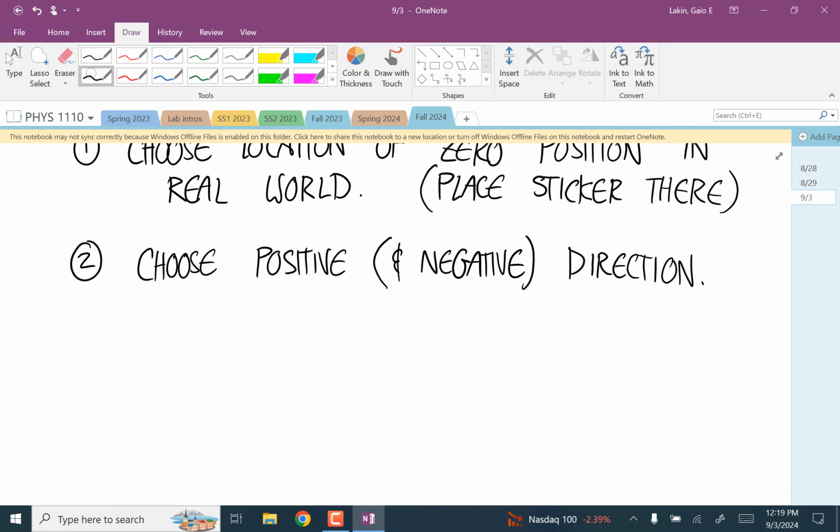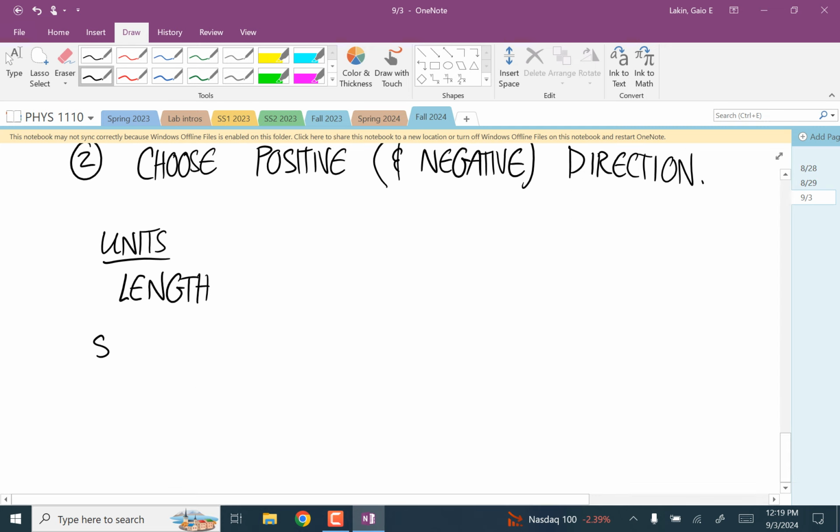The units for position are always units of length. And so the SI units are meters. And so most of our calculations we're going to do in terms of meters.